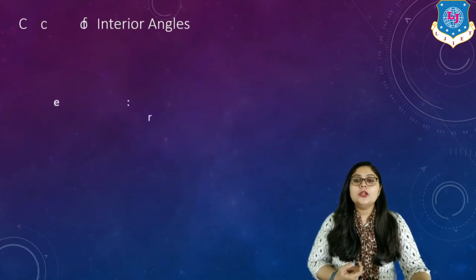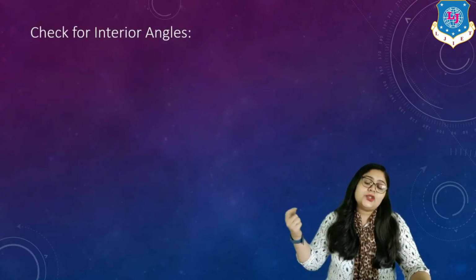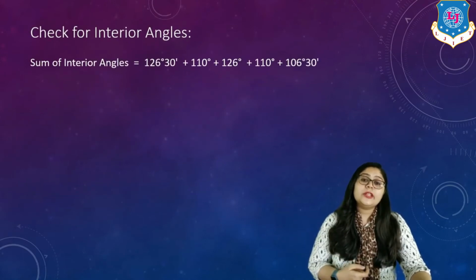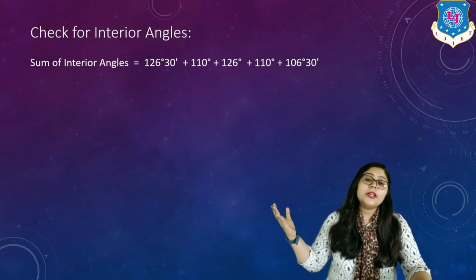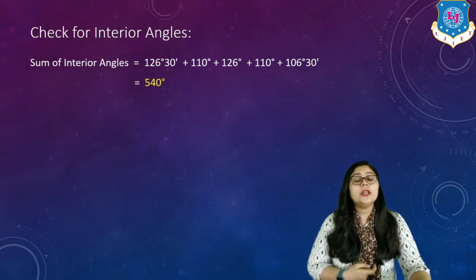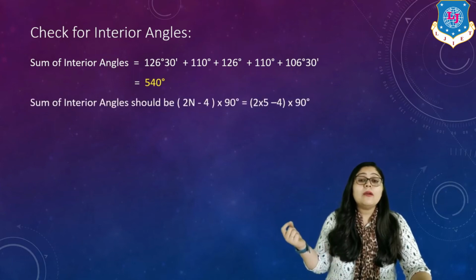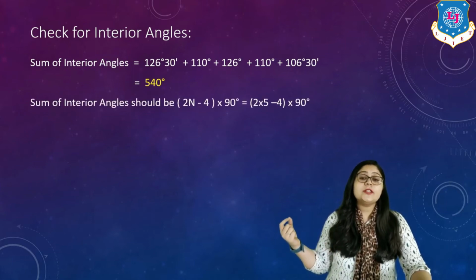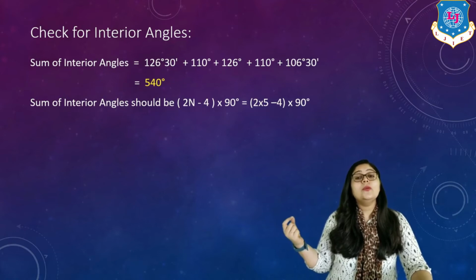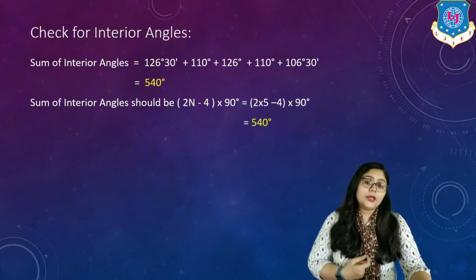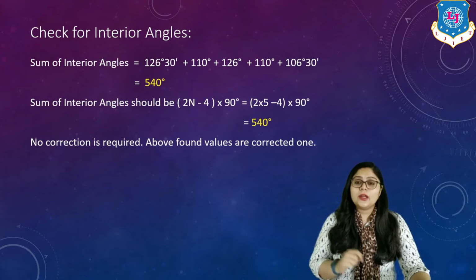After doing this, you simply go for the check, right? While doing the check, you sum the interior angles, which is 540 degree over here, as there are 5 lines, and you have an equation for the check, which is 2n minus 4 into 90, which gives the same value 540. It means there is no correction required.